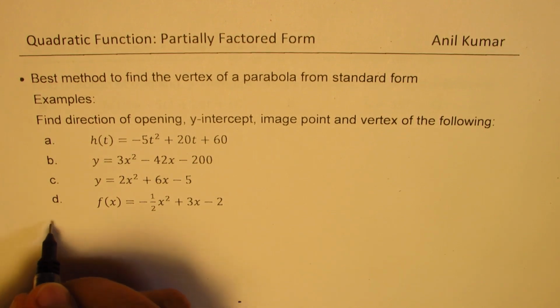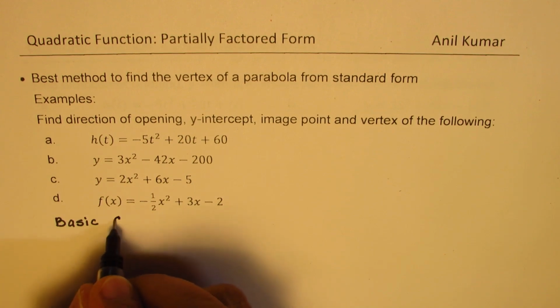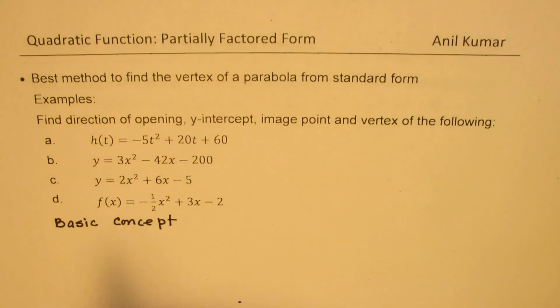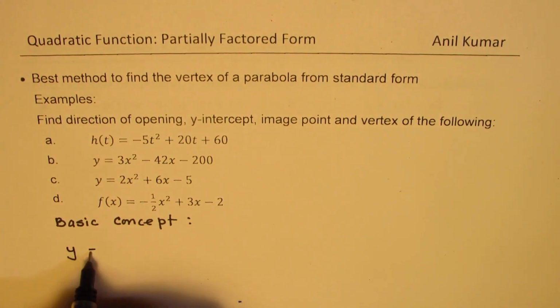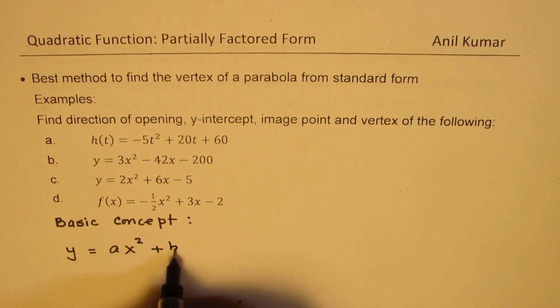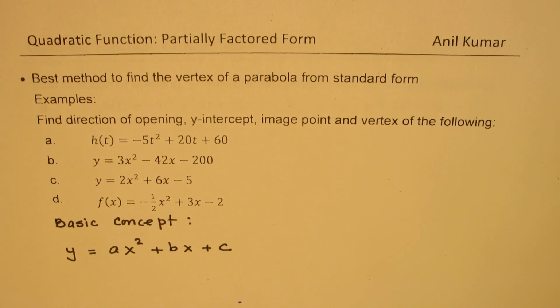Let us get into the basic concepts first. So let's understand what this partially factored form is. If I am given the equation of a quadratic function as ax squared plus bx plus c, this is the standard form, right? You may or may not be in a position to factor this.